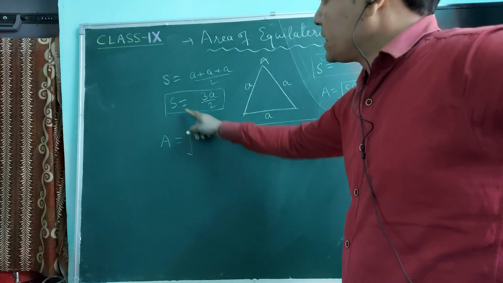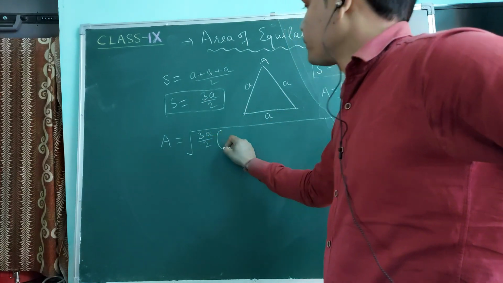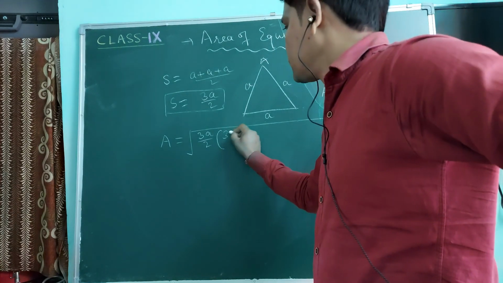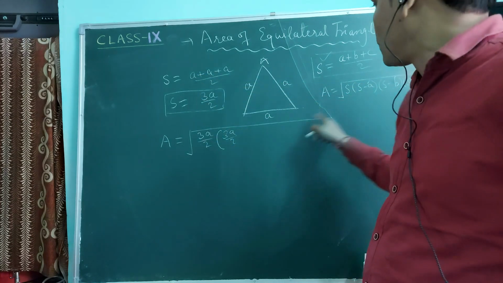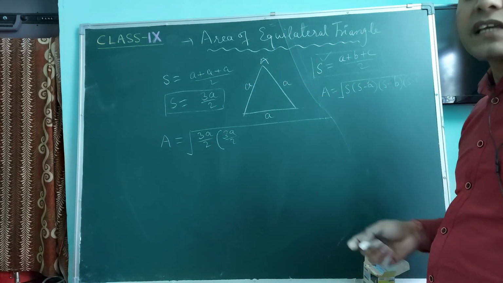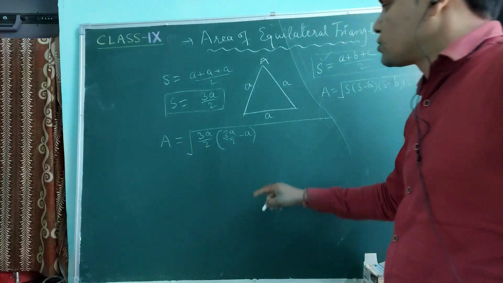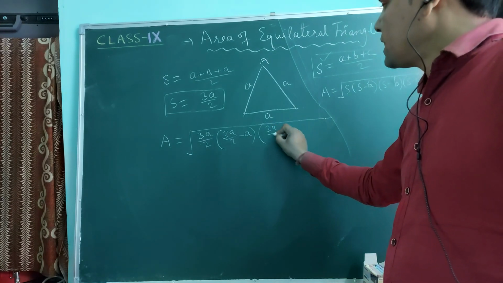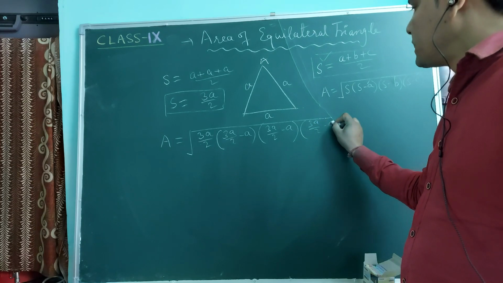So S is equal to 3A by 2, into (S minus A), that is 3A by 2 minus A, by substituting the value of S. Since A, B, C are the same, we take A for all: 3A by 2 minus A, again 3A by 2 minus A and 3A by 2 minus A.